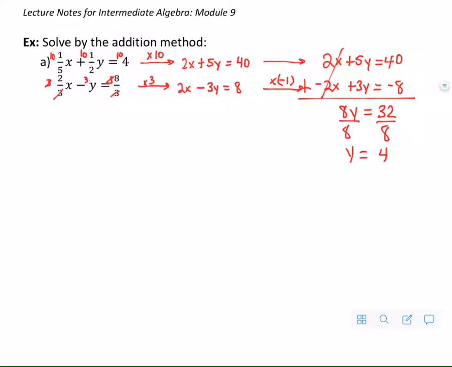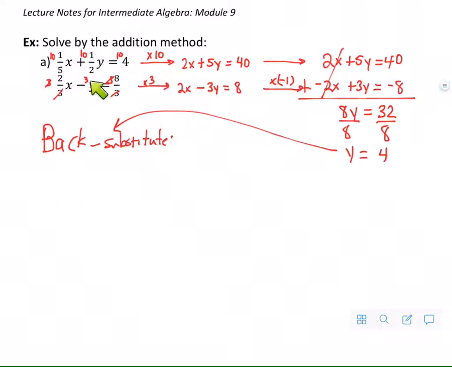And what do we do with the four? Plug it in. So we back substitute. Okay, so I could plug it back into the original.